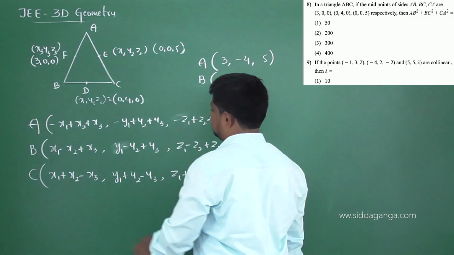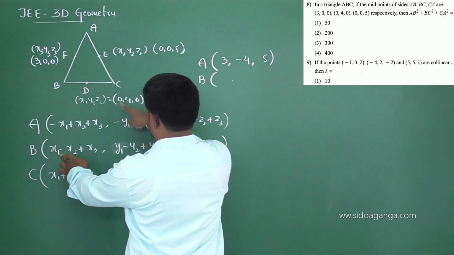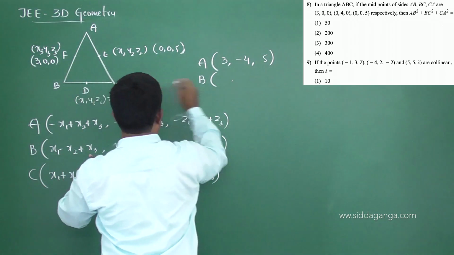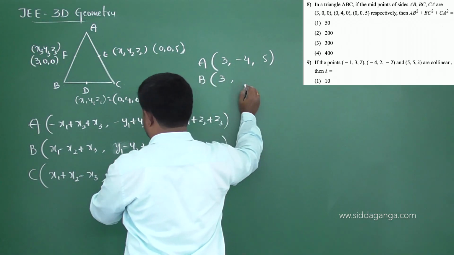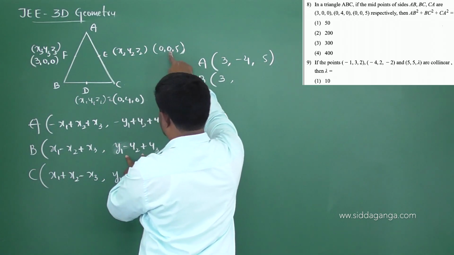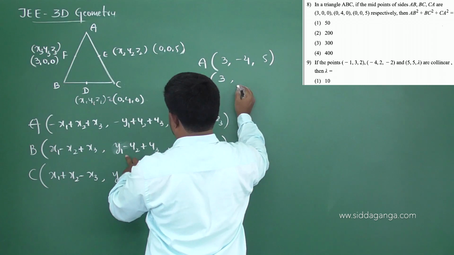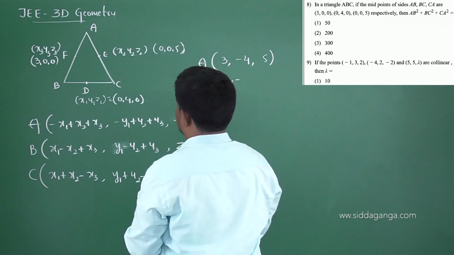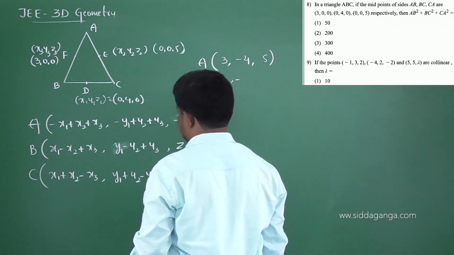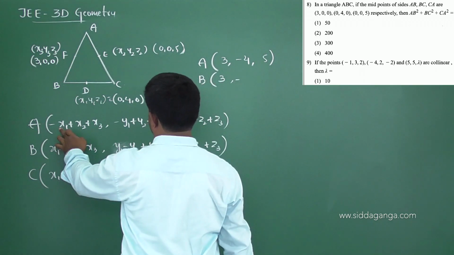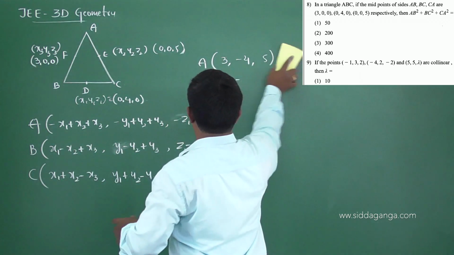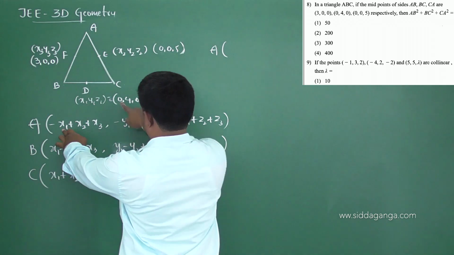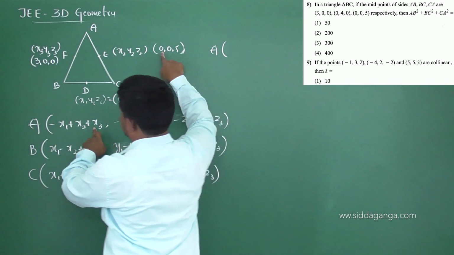Sorry for this. So A will have the coordinates minus x1, 0, plus x2, 0, plus x3, which is 3.